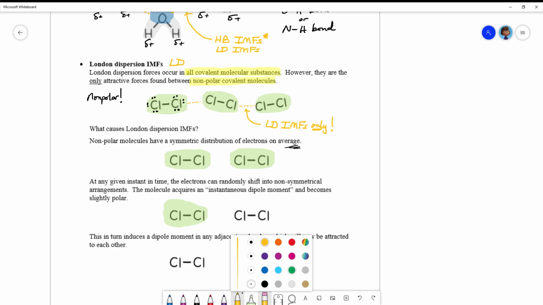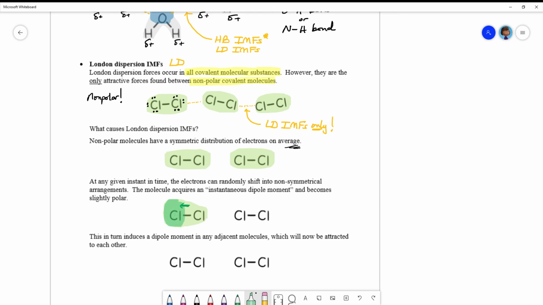So here we go. Let's get a green arrow here. What's gone on over here is there's been a little bit of a shift of electrons in this direction, for that one instant in time. And for that instant, we have a higher electron density on this side of the molecule, which makes this molecule polar for just an instant. And that gives this chlorine atom on this side a slight negative and this one a slight positive.